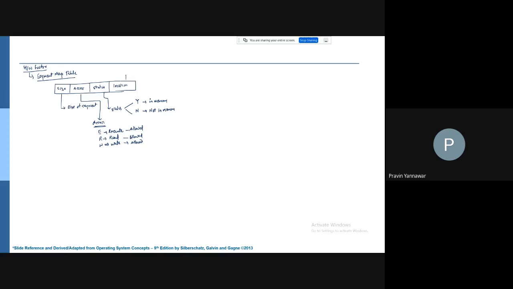Whereas the location is nothing but the location of the particular segment on primary memory. So your picture will look something like this.